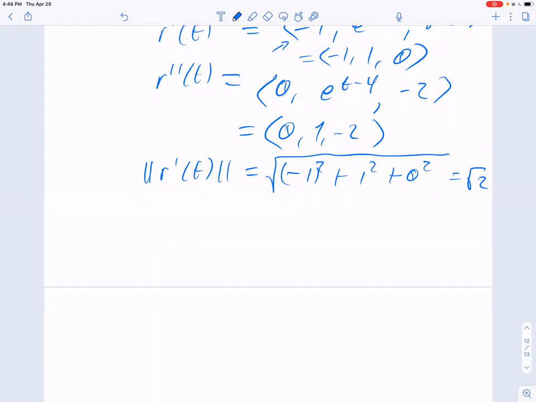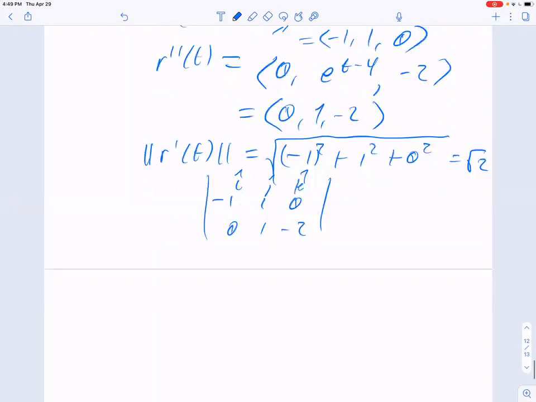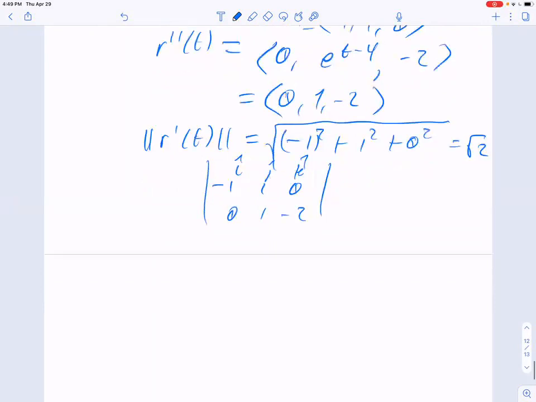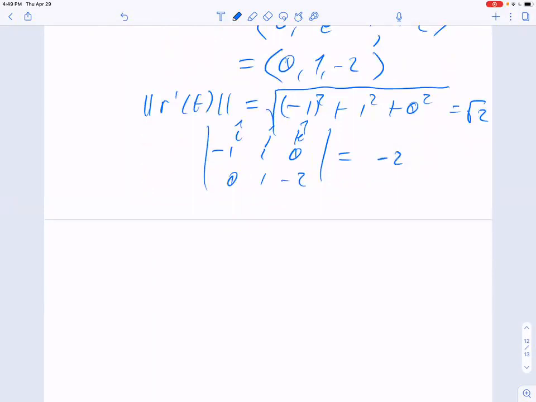And we need the cross product. So that's minus 1, 1, 0, and 0, 1, minus 2, with i hat, j hat, k hat. We take the determinant, and that gives us minus 2, minus 0, minus 2, minus 0, and minus 1, minus 0, okay?